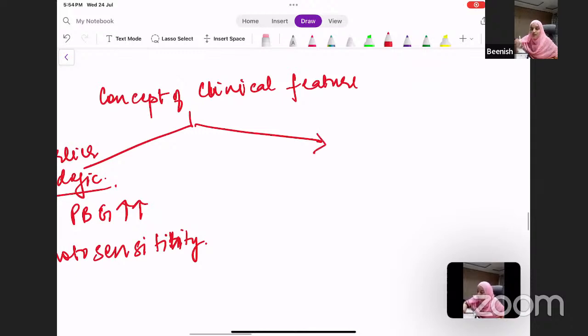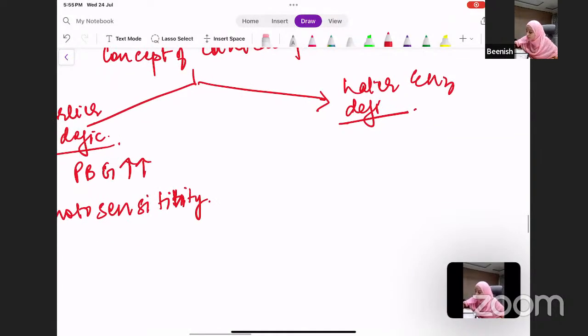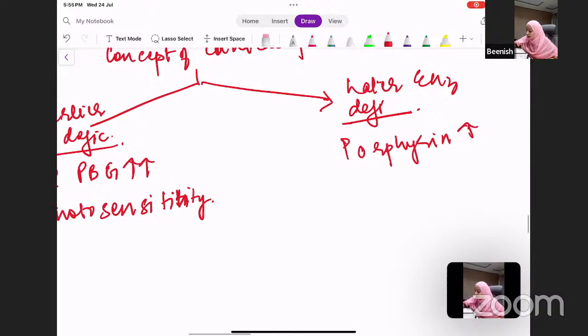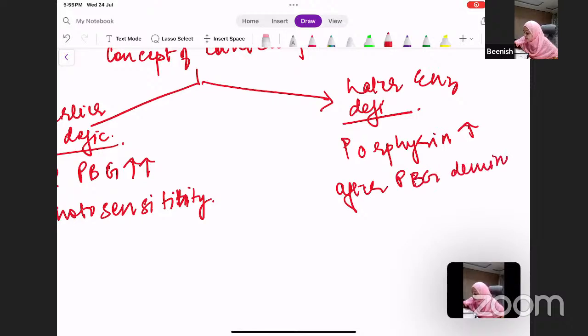But those enzymes which are coming later in the cycle, okay? So if the later enzymes are deficient, then what is going to accumulate? Your porphyrins are going to accumulate, that is, after PBG deaminase.